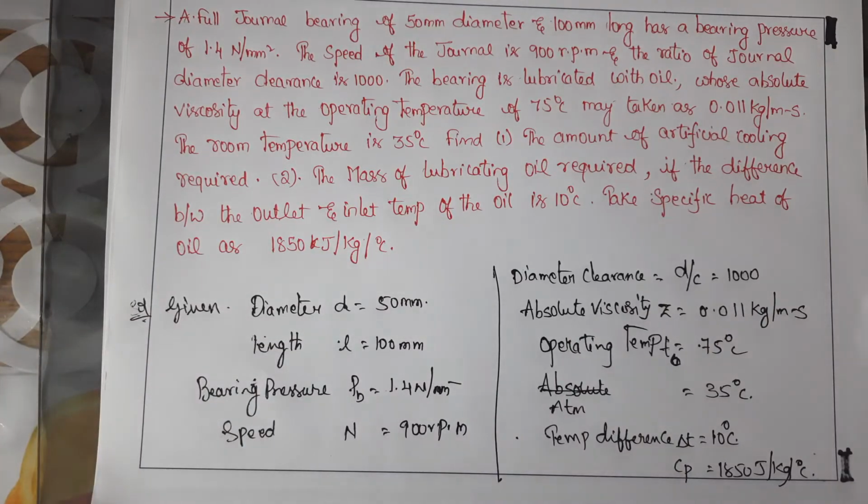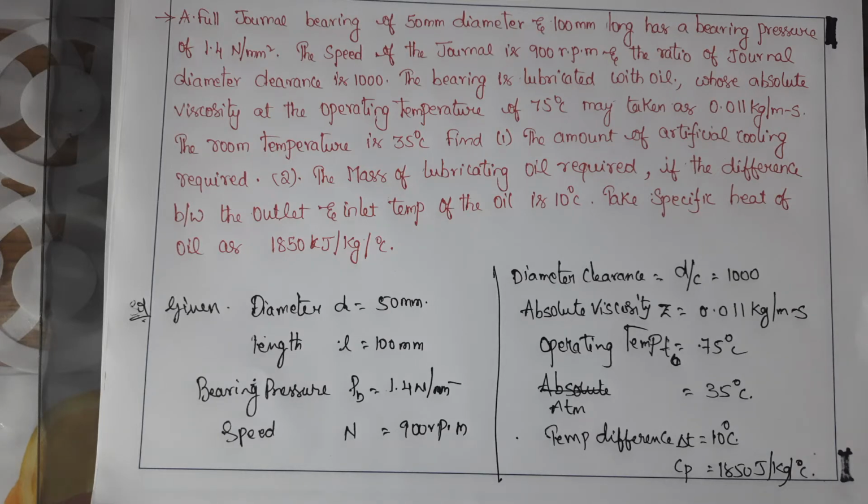The next thing that we have to do is, we already know the design procedure for calculating the journal bearing. First, length and diameter are already given, as well as the bearing pressure. Next we have to calculate the heat generated.